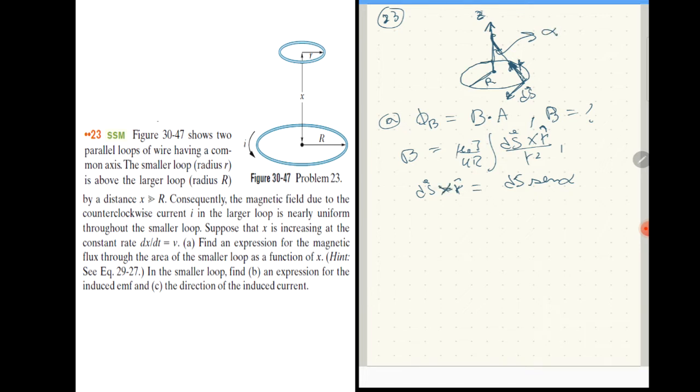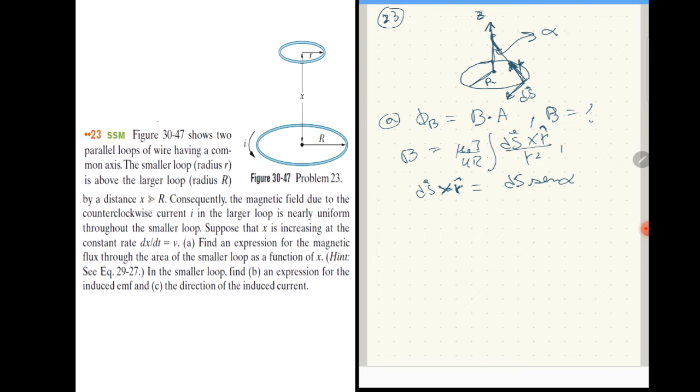And you have to remember that the magnitude of the r hat vector equals 1, since this is a unit vector. The next step is to substitute this expression in the B field.